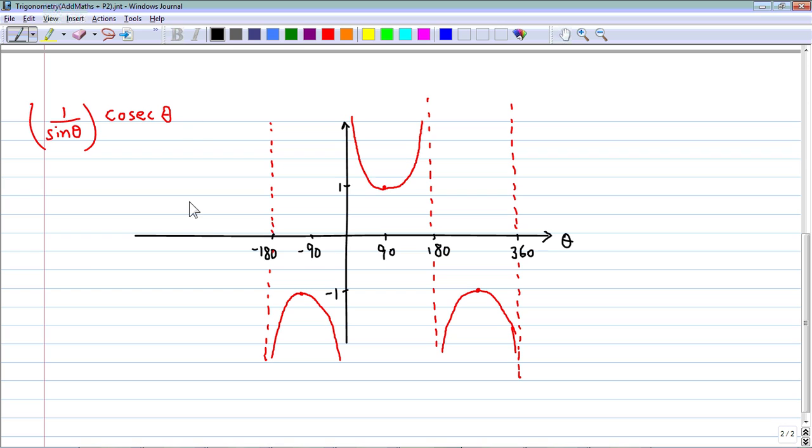And then if I add on, let's say around here, minus 360, I'm going to get again the same pattern repeating. Minimum at 1, curve approaching positive infinity on both sides. So that's the repeating pattern of the graph of cosec theta. Now let's use a different colour and let's draw the graph of sec theta.